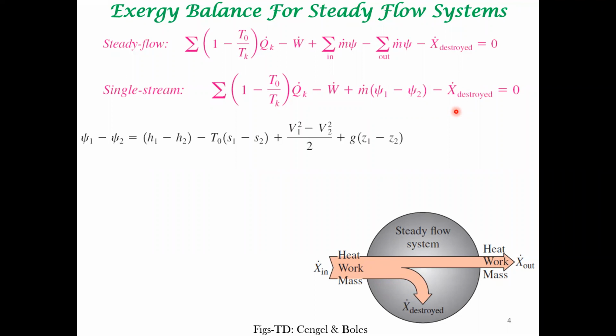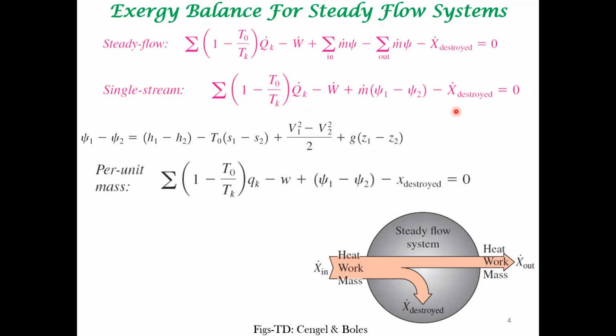All right, so we can represent these kinds of exergy changes when it goes from state 1 to state 2 in terms of specific exergy quantities per unit mass. So that is what is illustrated here. And if you neglect these two terms, there is a further simplification.